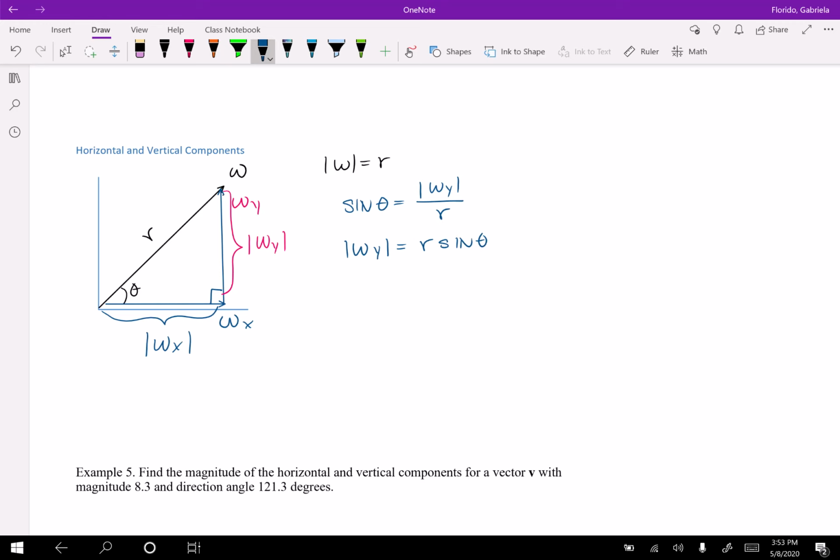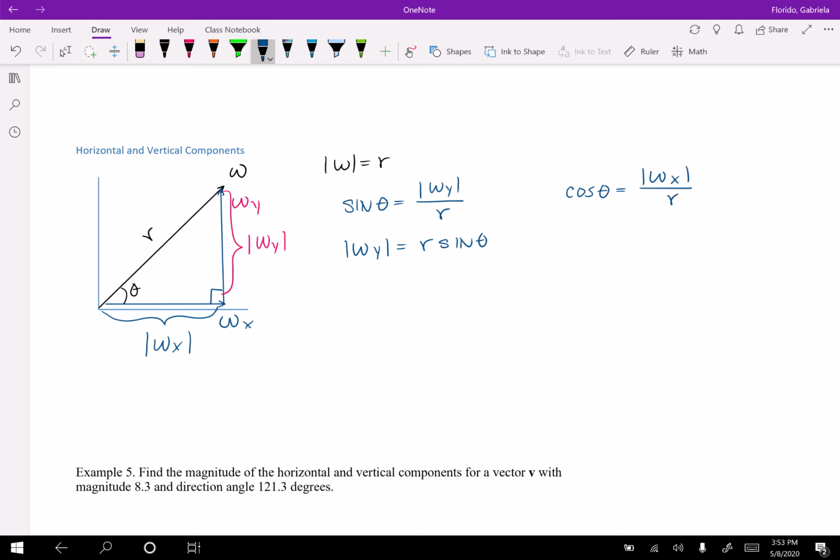We're going to do the same kind of idea to find the magnitude of Wx. But notice that Wx is adjacent to my angle theta. So we're going to use cosine. So cosine of theta is equal to the magnitude of Wx over the magnitude of my vector, which is r.